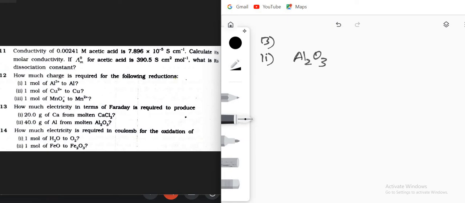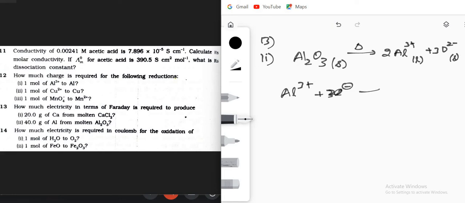Aluminium oxide, Al2O3, solid, on heating melts and gives you 2 Al3 plus ions in the liquid state and 3 oxide ions, O2 minus, in the liquid state. Right? Now each aluminium ion gains 3 electrons and becomes aluminium.